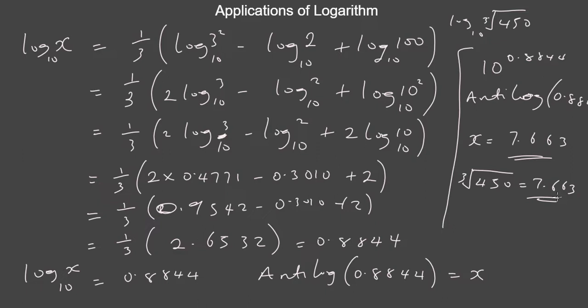So one application of logarithm is to simplify calculations, either very complex calculations or calculations involving cubes and roots and so on. So let's take a look at the other application of logarithm.